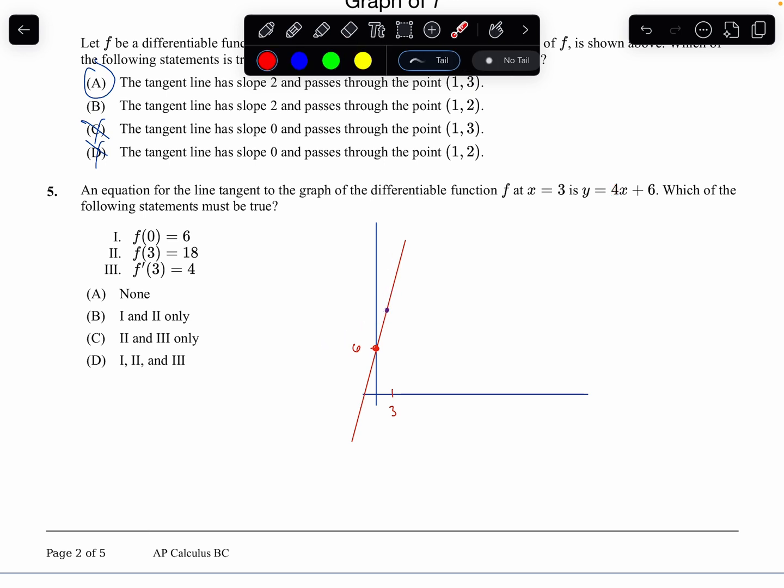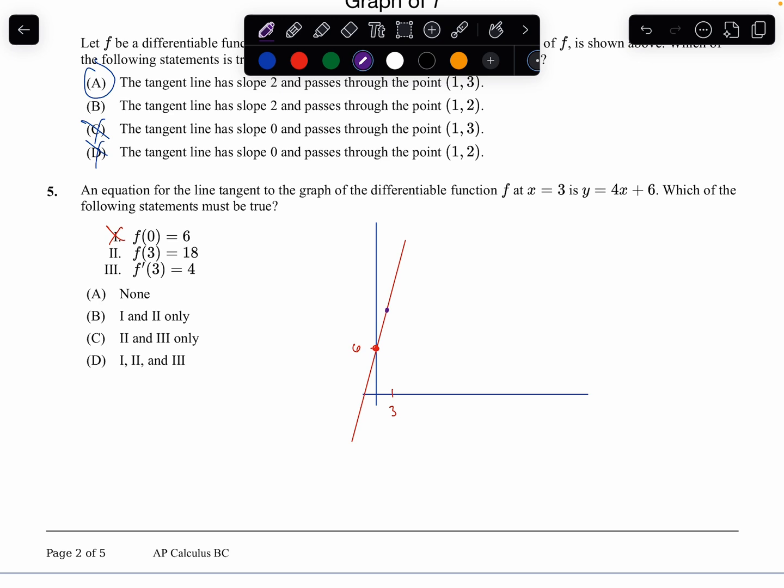So let's read the rest of this. Which of the following statements must be true? Okay, f of 0 is 6. Here it's saying that the function has to be 6. Now, this line right here is the tangent line, not the function. So this doesn't have to be true.